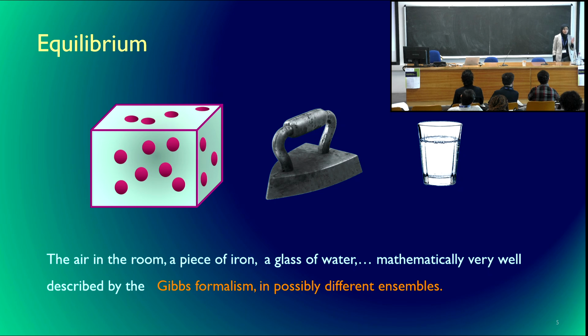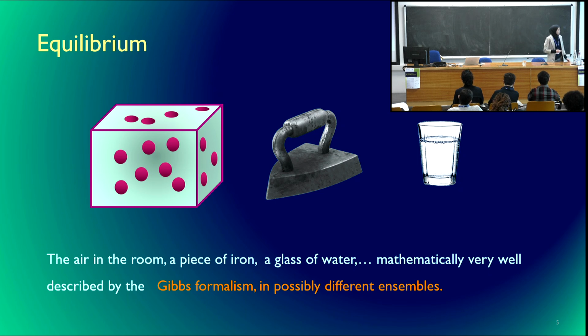With the story of the partition function, the canonical ensemble, the grand canonical ensemble. This story we have in a first statistical course. And this is a universal property: just with Gibbs formalism you can describe them.